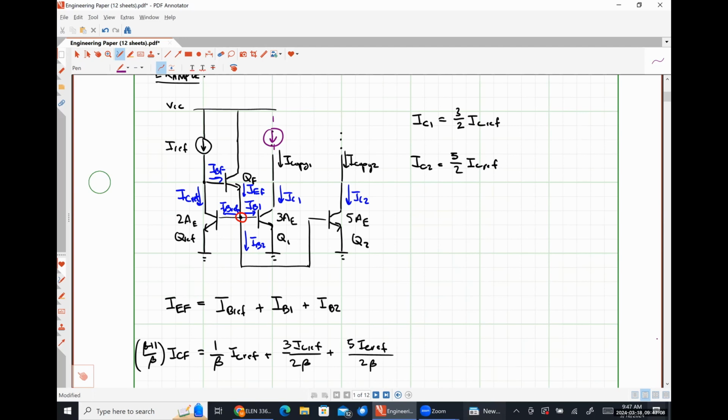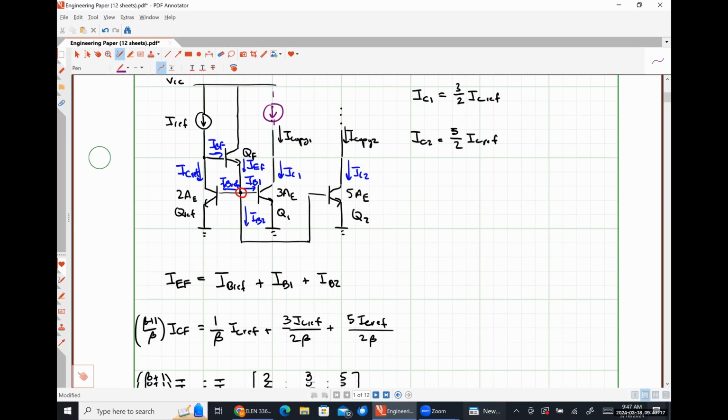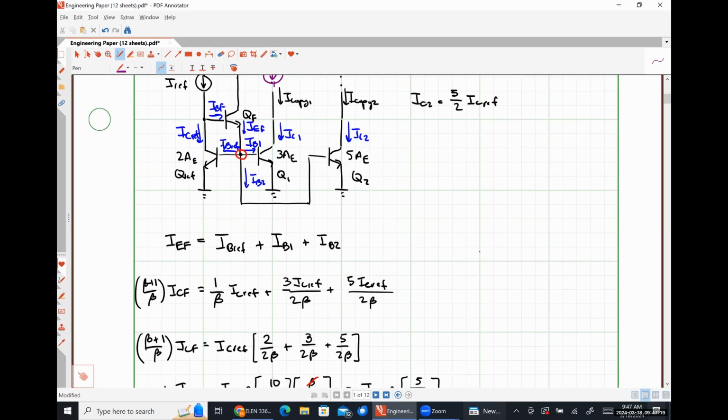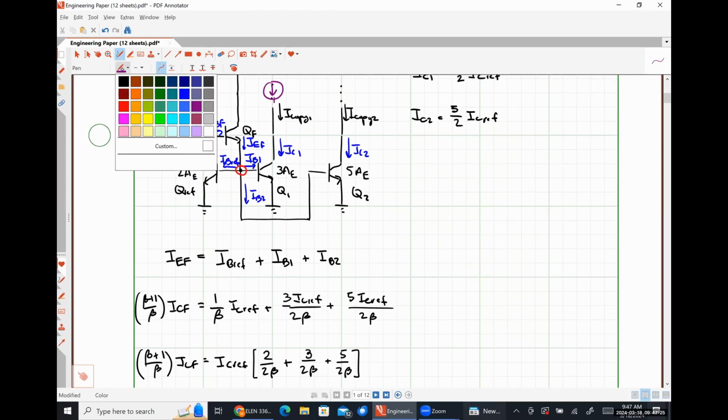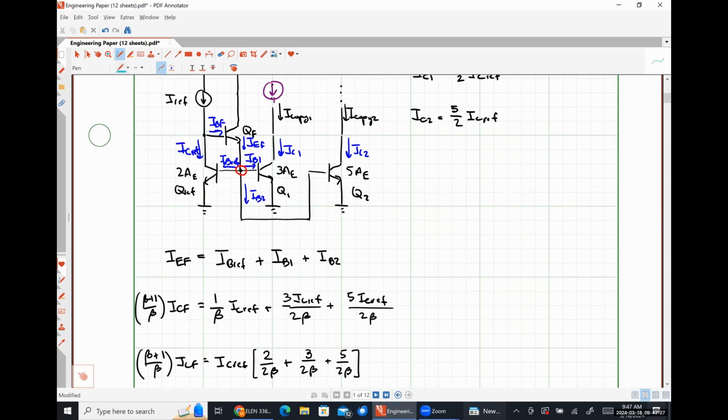But anyway, I think we're talking in circles. All right. I've done KCL at this red node here. Now let's do KCL at this node here.